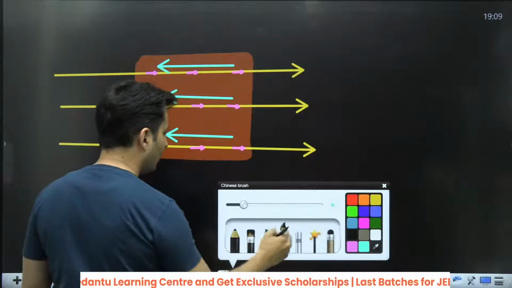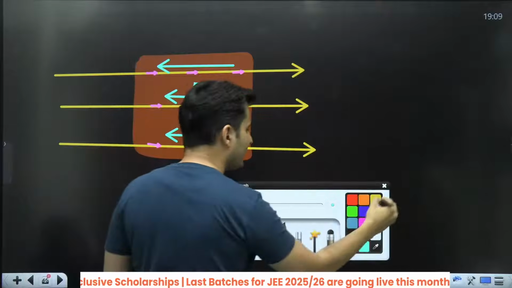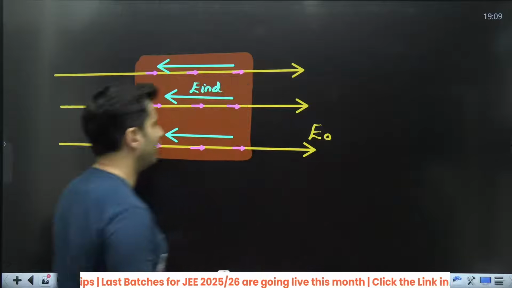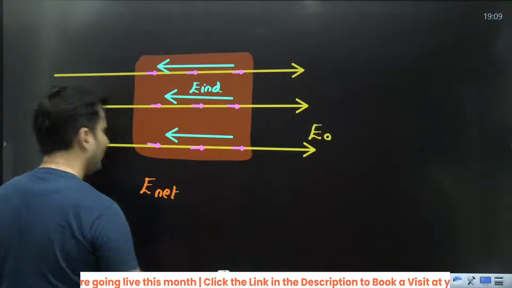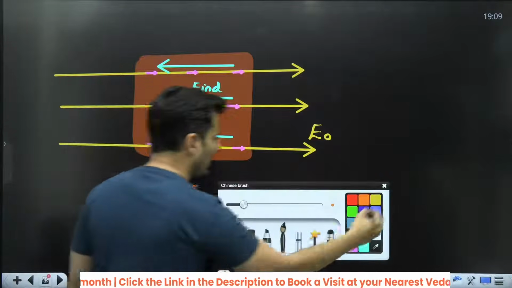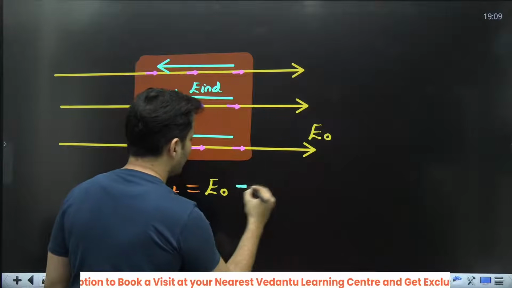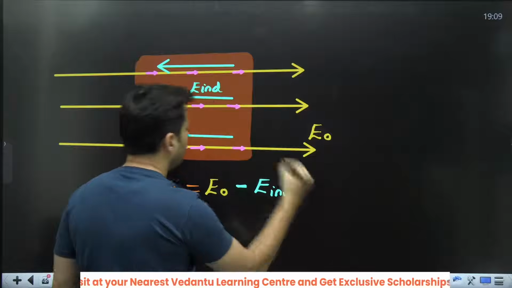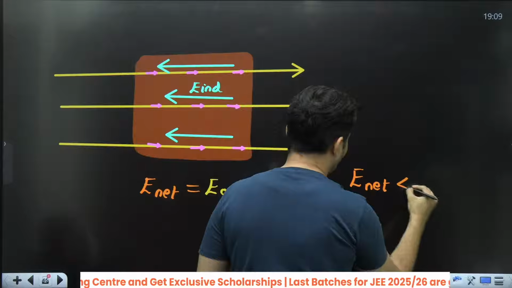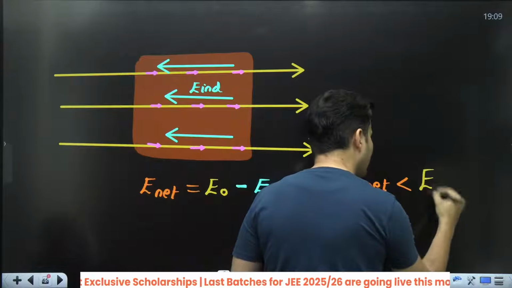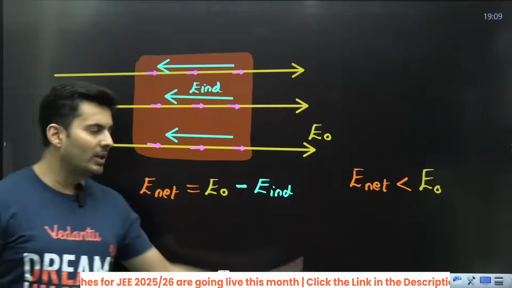So this is now our induced electric field, which is opposing the external electric field. Hence, the net electric field inside that medium, magnitude wise, will be the external electric field minus, because it's opposite, the induced electric field. Hence, you can see that the net electric field is always less than the original external field due to the induced field.